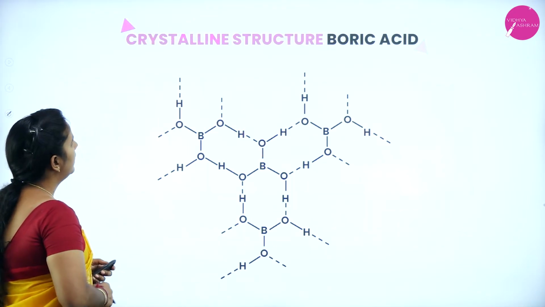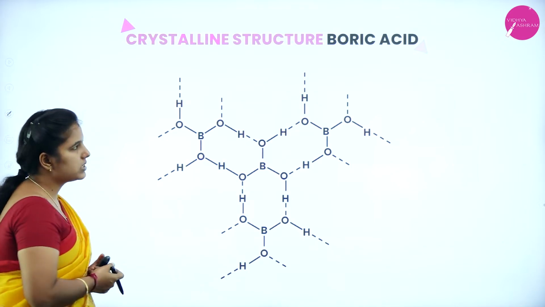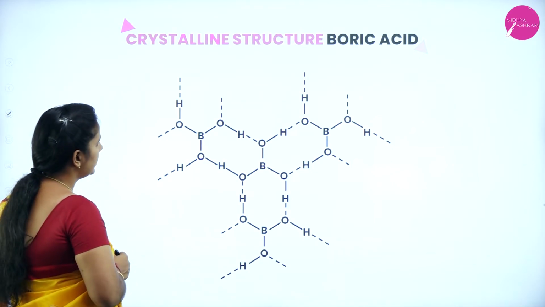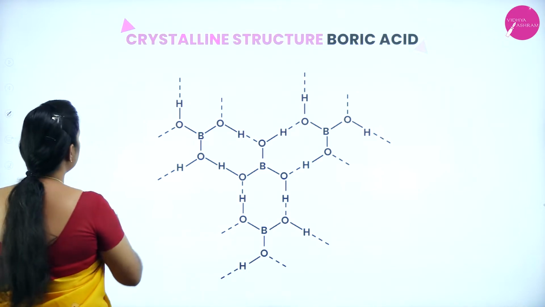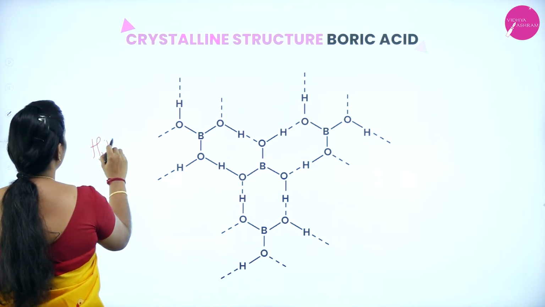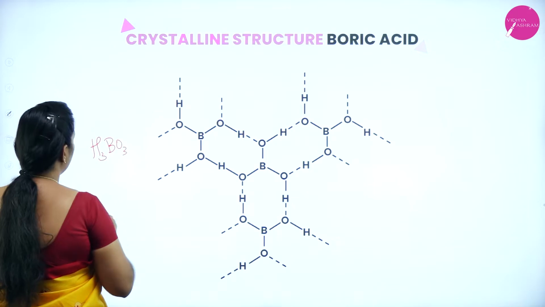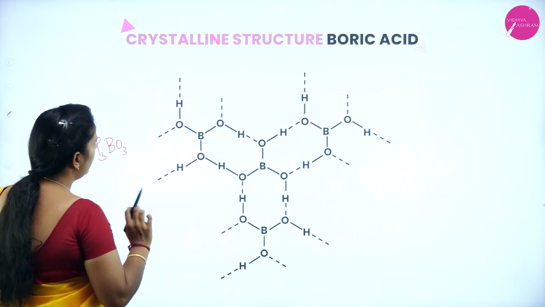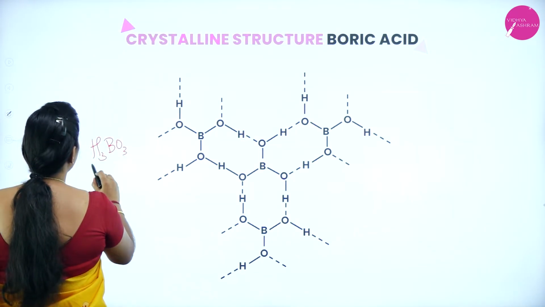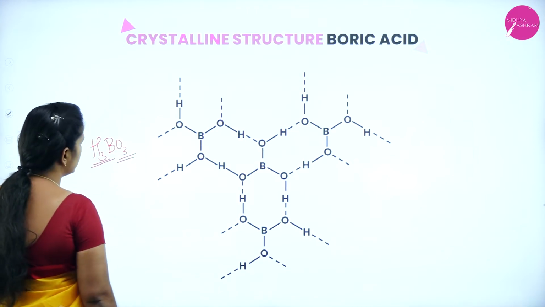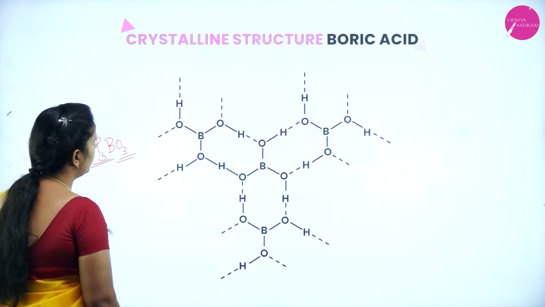Okay. Next, we have the crystalline structure of boric acid. You can see that the orthoboric acid formula is H3BO3, correct? There are 3 hydrogen atoms and 3 oxygen atoms, and we have only one boron atom.